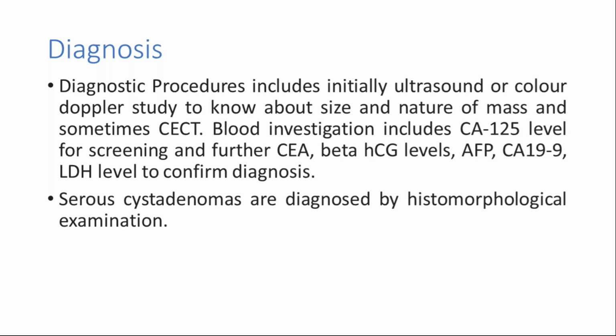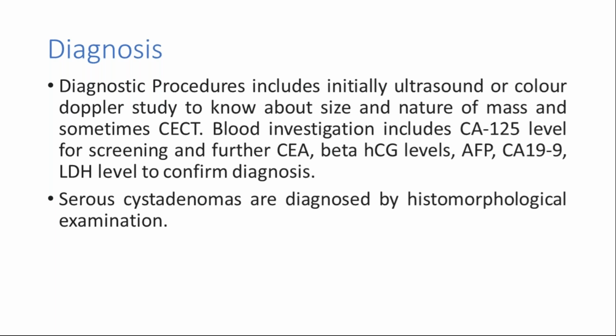If the cyst is large, we can expect a torsion. After these clinical features, the initial diagnosis is made by ultrasound. Color Doppler is used for any torsion and to know about the size and nature of the mass, and sometimes CECT abdomen can also be done.